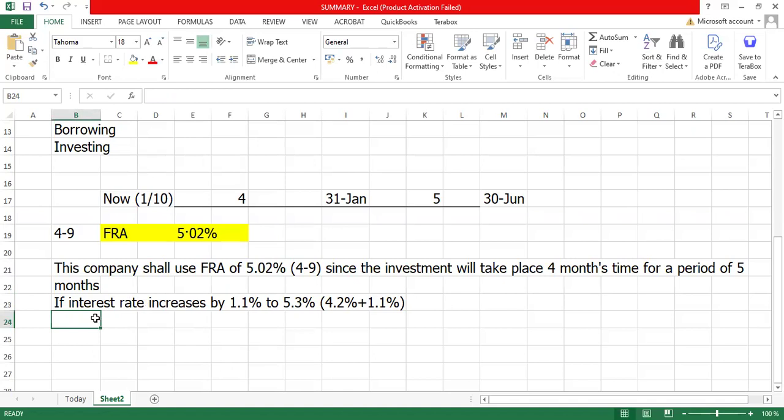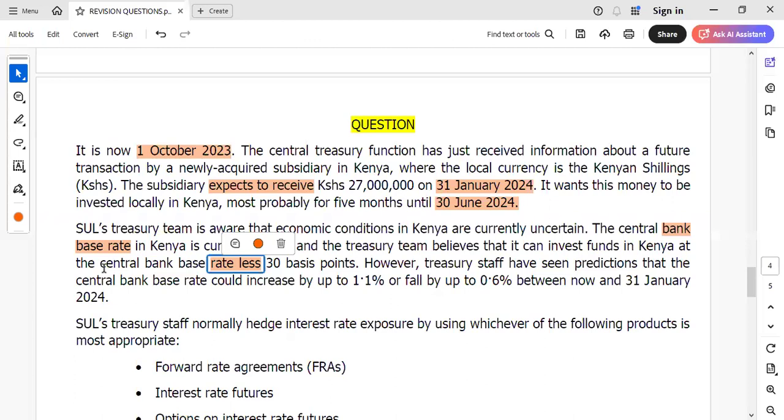If you invest, you expect to earn income. So how much will you get? Actual interest income will be equal to, remember we are told from our question that if you're going to invest at a central bank base rate less 30 basis points.